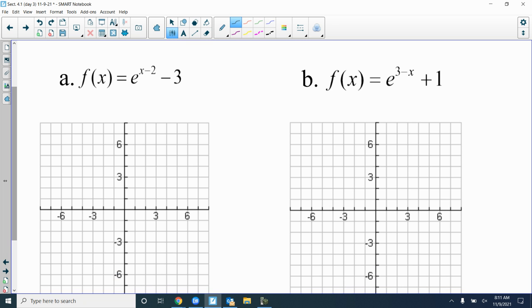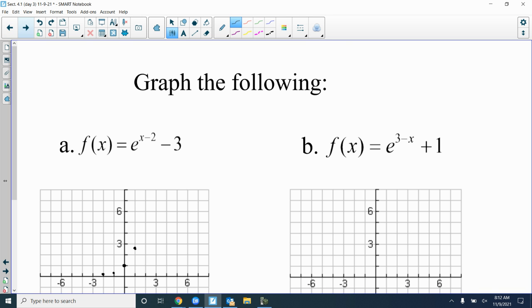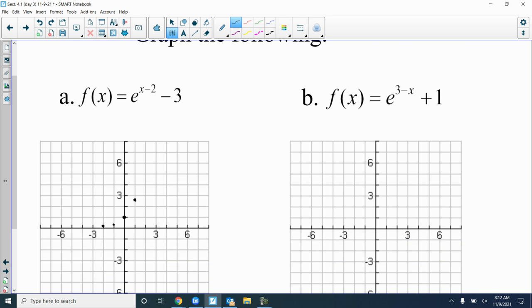-2, 0.14, -1, 0.37, 0, 1, 1, 2.7, and then 2, 7.39, I'll make it 7.4. And I'm going to do it on the other one as well.